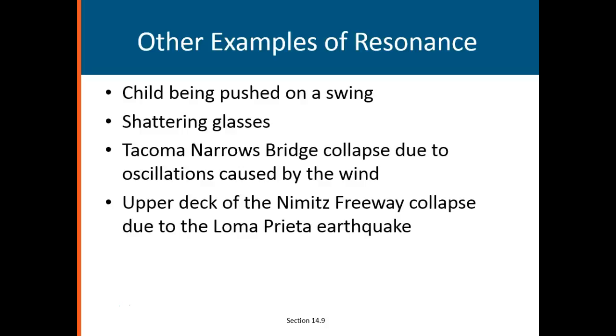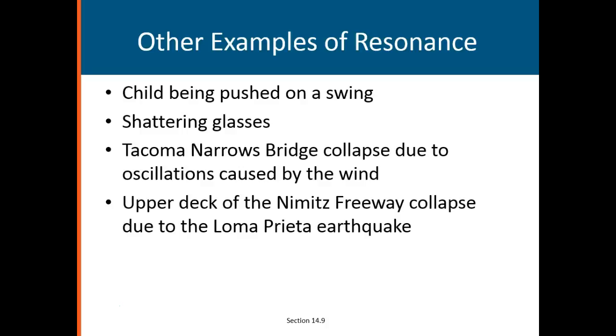Have you ever, with a kid, gone out and started pushing them in a swing? Sure you have, or you've seen it done once. What you do is wait till the swing reaches the maximum height, and then you give a push. Right when it's starting to go in this direction, you give it a push, and therefore you'll increase that swing.